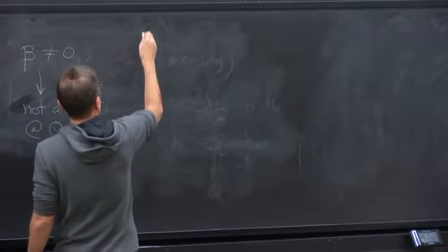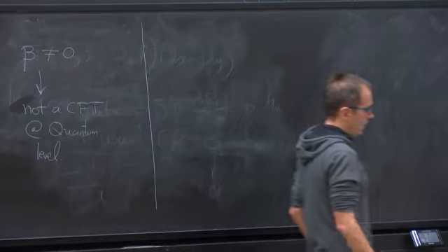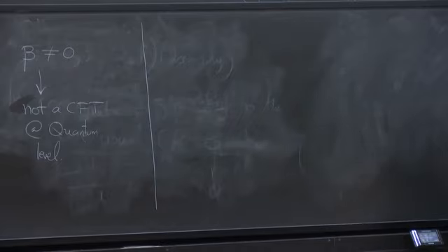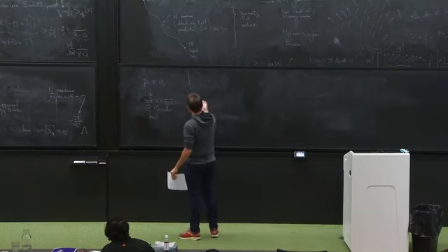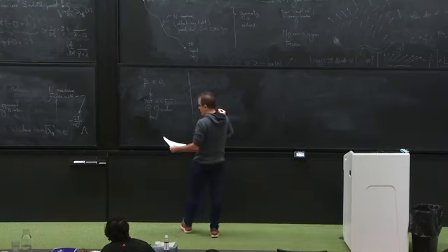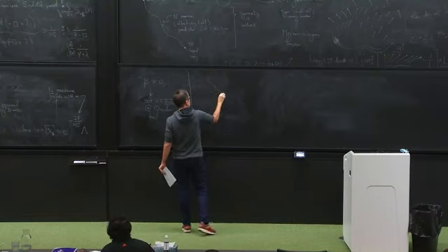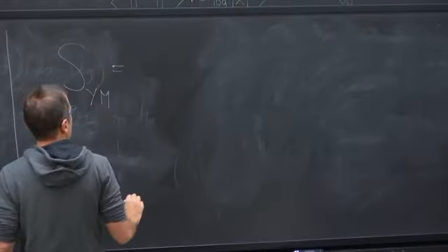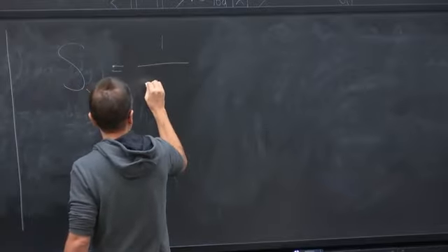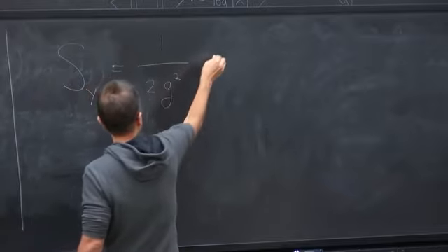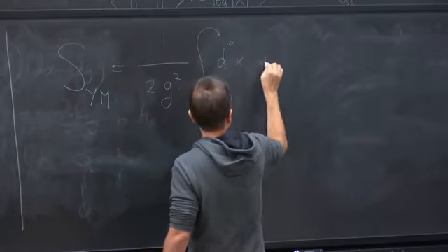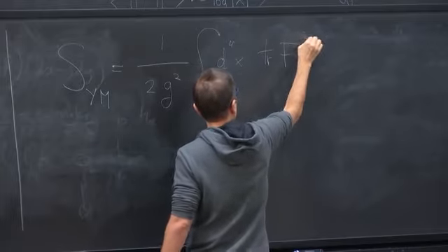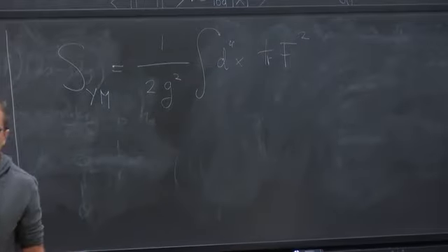So let me conclude by just reminding you, as I said in the beginning, that this type of theory shares many things in common with Yang-Mills theory in 4 dimensions. What would we write in that case? We would say there is some coupling, 1 over g squared, integral, now in 4 dimensions, d^4x times trace of F squared. We have some non-abelian gauge theory. And we could do the same.